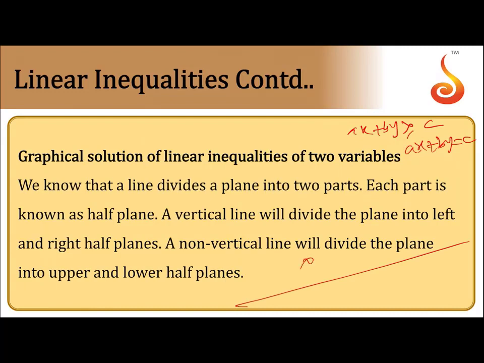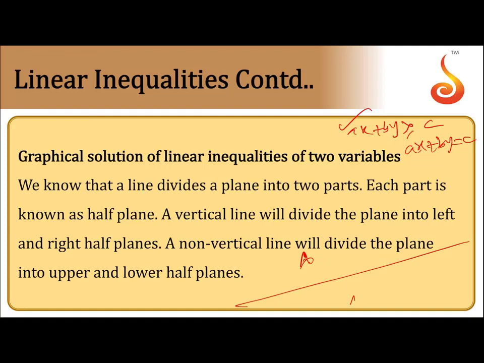You draw the straight line and then take a point on either side of the line and check by substituting here. If that point satisfies ax plus by greater than or equal to c, then I say the point lies on the upper side. Otherwise, the point lies on the lower side.